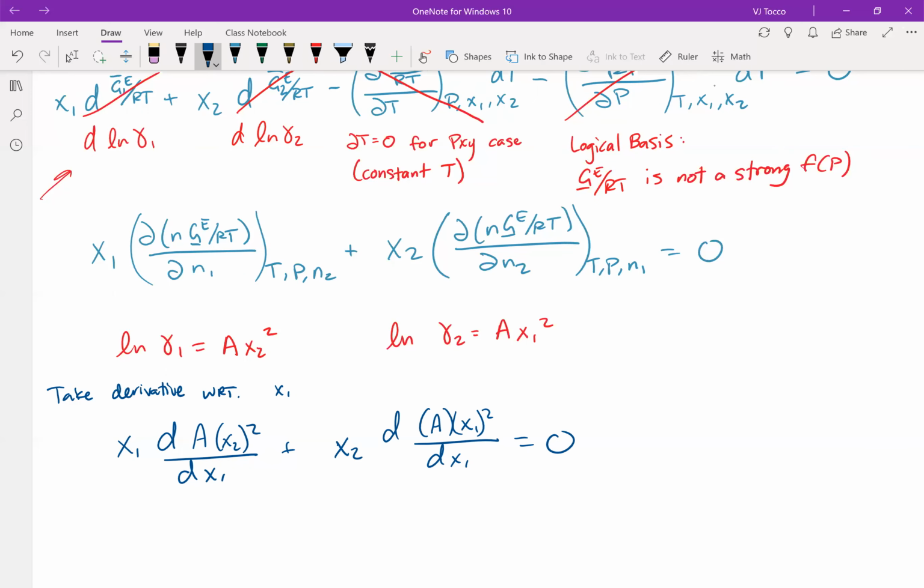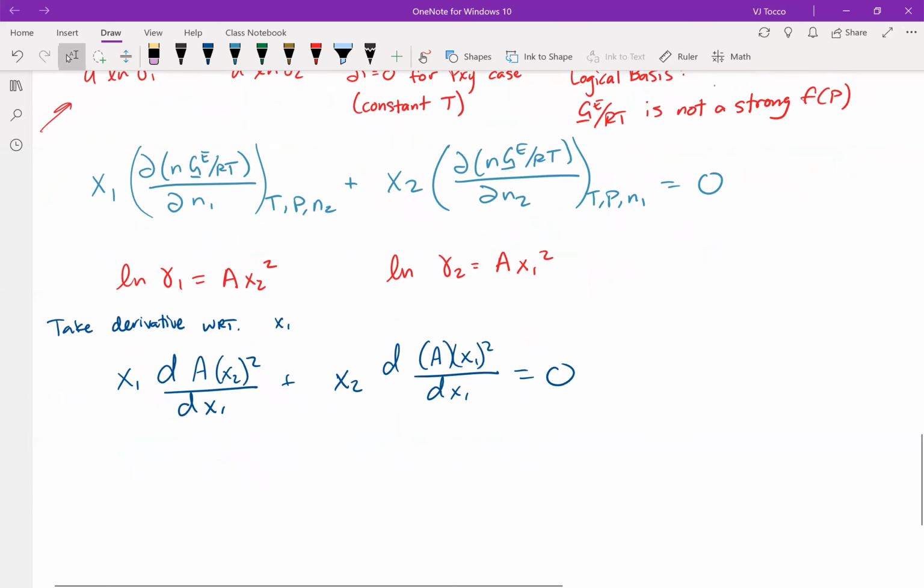Does this make sense? All right, so in order to evaluate this derivative, I need to substitute in 1 minus x1 for x2. So I do that here, 1 minus x1, and that's squared. So taking the derivative with respect to x1, first of all, x1 stays out front. I've got a square that has to come out in the front, so 2, and then the inside derivative is a negative.